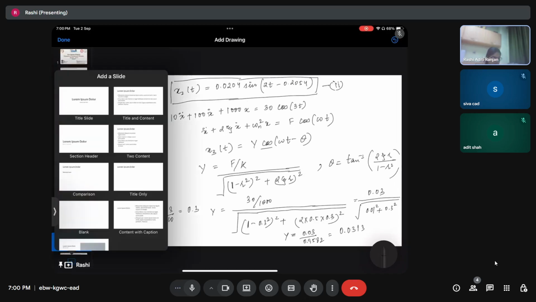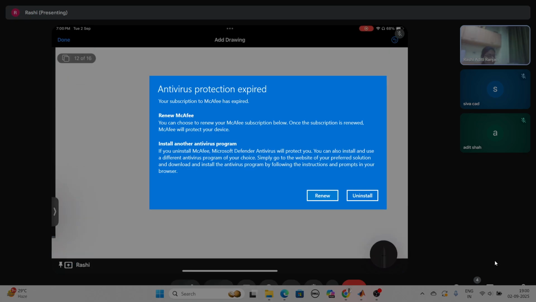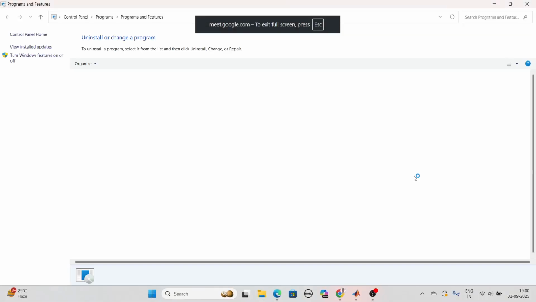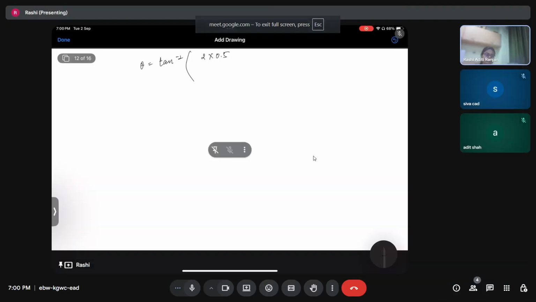Similarly, for theta we have tan inverse of 2 into 0.5 into 0.3 divided by 1 minus 0.3 square.